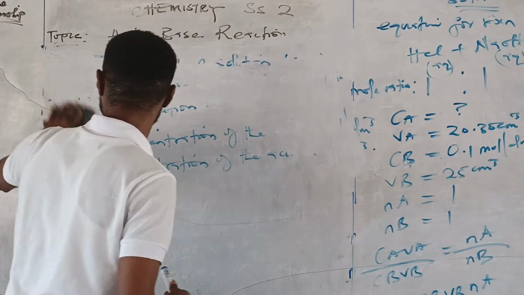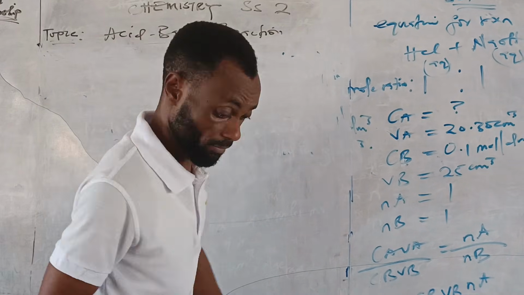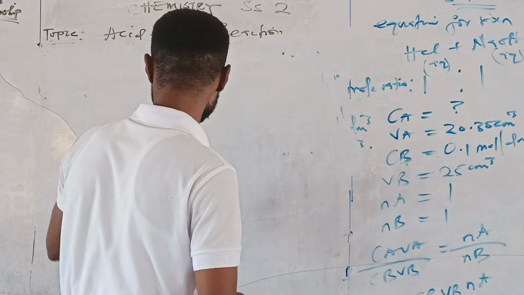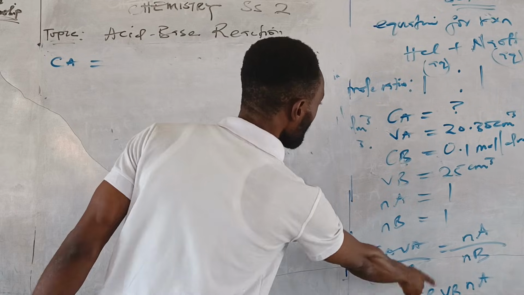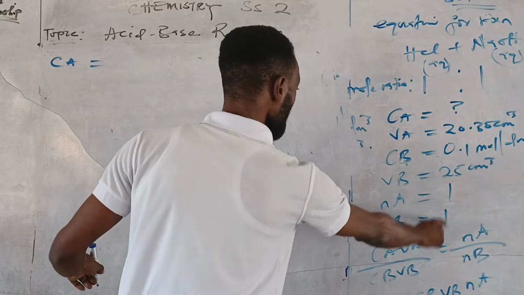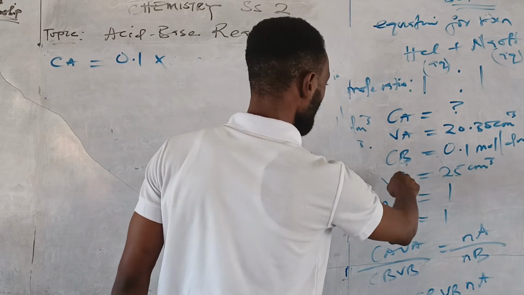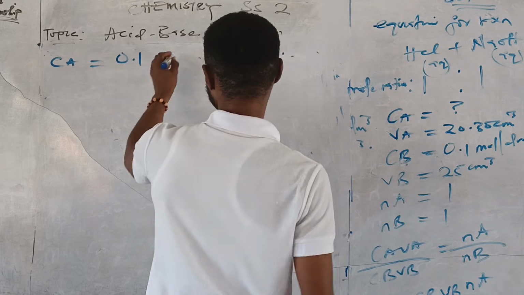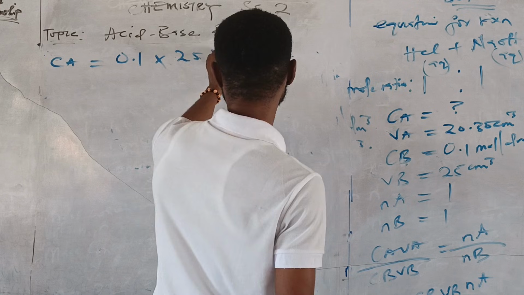Substituting with the given values now. We said our Ca is equal to our Cb, from the data here we have Cb as 0.1 multiplied by Vb, which is the volume of the base, as 25. And then we have the Na, number of the acid, which is 1.